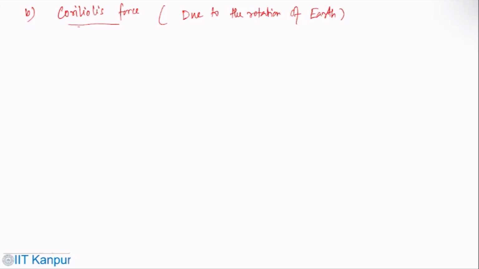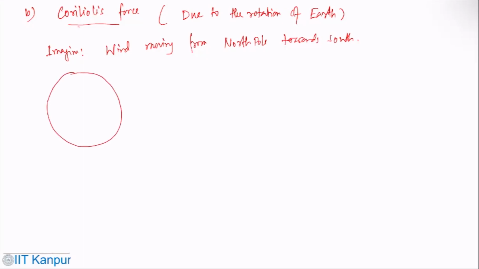Now imagine that wind is moving from the North Pole towards the south. Okay. As it moves further south, the ground is moving faster and faster towards the east, causing the ground to slide away from the wind. So one can draw a picture like this.